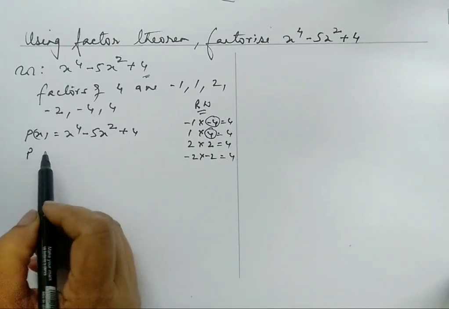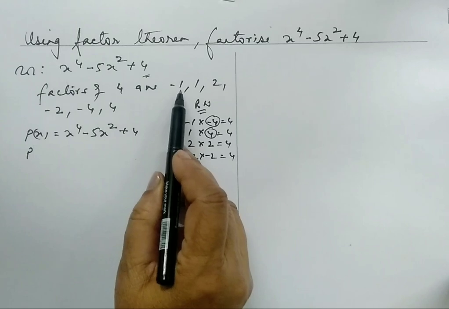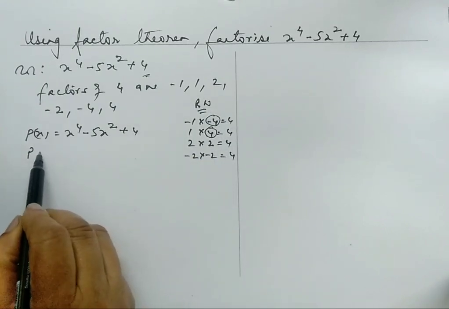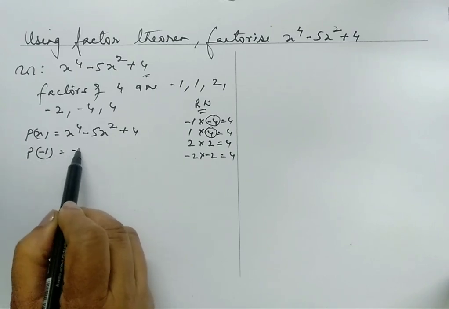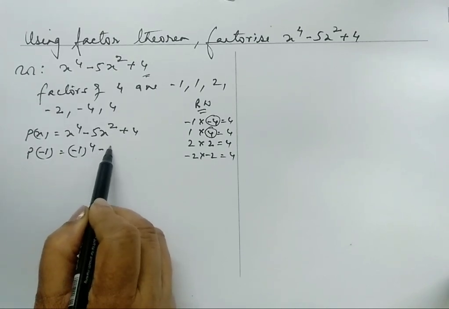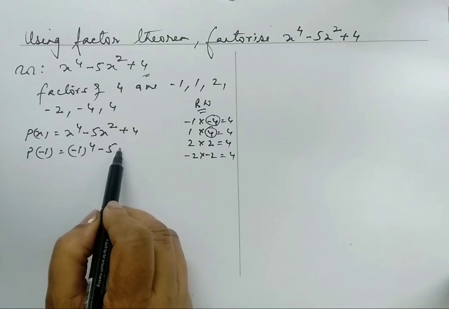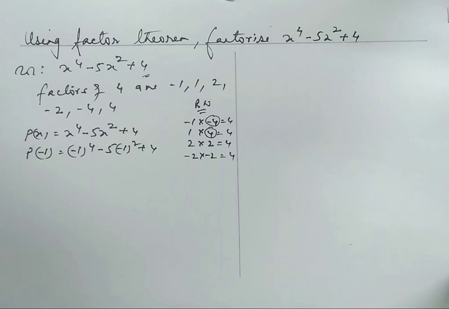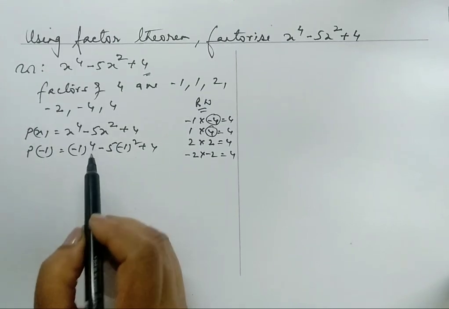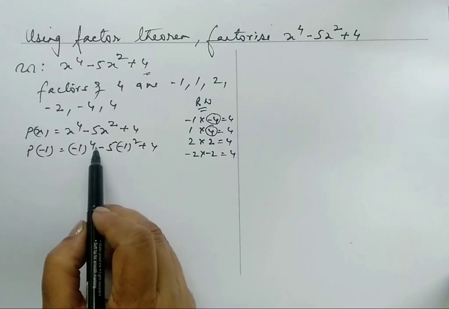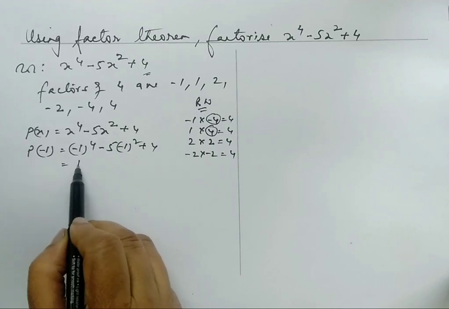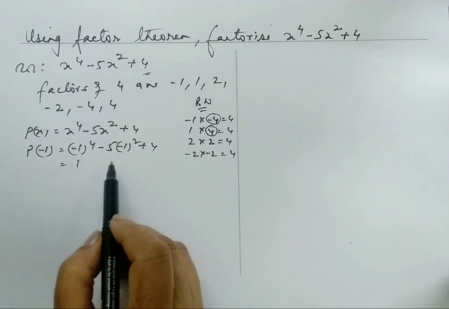So if we substitute the first one, say minus 1, okay, so what do we get? Minus 1 to the power 4, minus 5 times minus 1 to the power 2, plus 4. Alright guys, so whenever you have an even power, remember minus is dissolved, so we get a single one here.